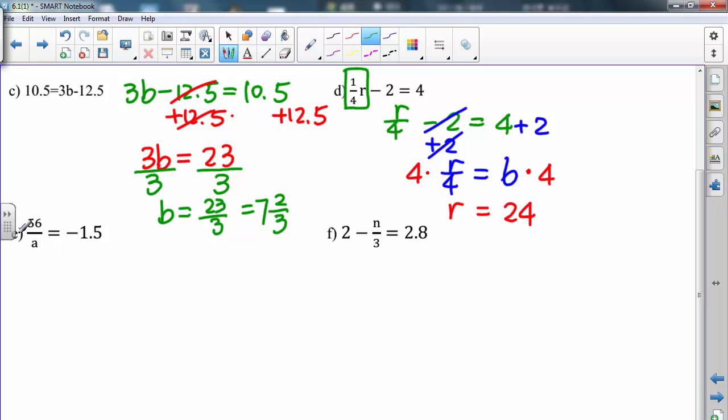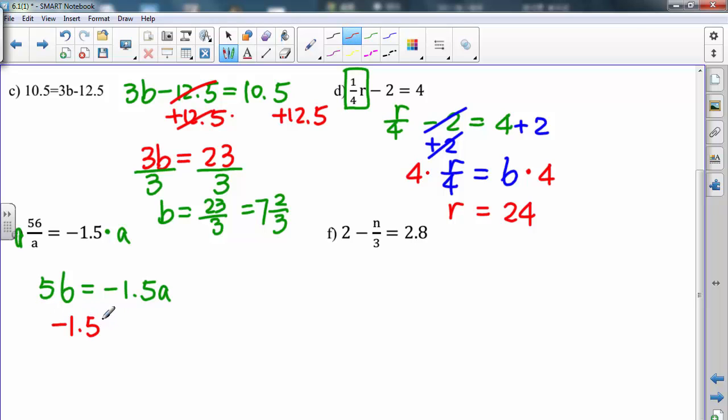So I multiply the denominator a on both sides first. Then a divided by a becomes 1. On the left side, I only have 56 left equals negative 1.5a. So this negative 1.5a equals 56.